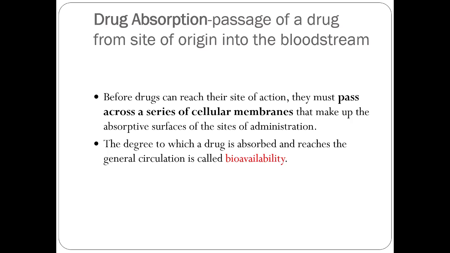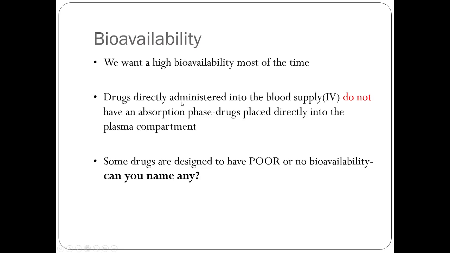So the degree to which a drug is absorbed and reaches general circulation is called bioavailability. So the higher the bioavailability, the higher absorption rate that you have. We want a high bioavailability most of the time. There are some that we do not actually want to have high bioavailability because we want them to stay where we put them.